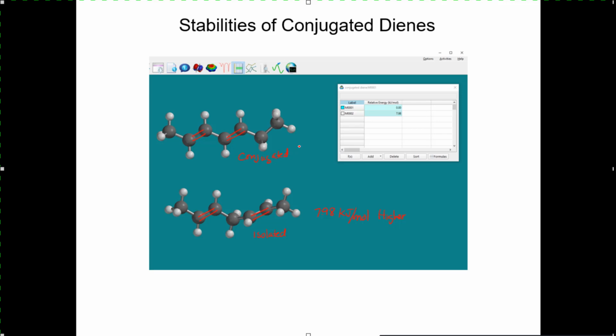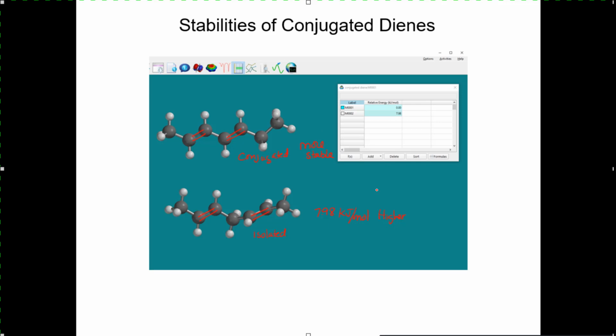So that means that the conjugated diene is more stable than the isolated one because it has a lower overall energy. One of the things we have to do when we compare molecules is make sure that those two molecules have exactly the same molecular formula, which these do. So the conjugated system is more stable than the isolated one.